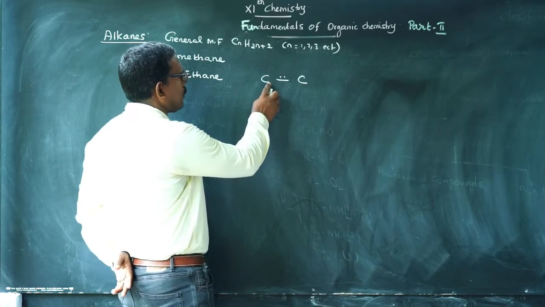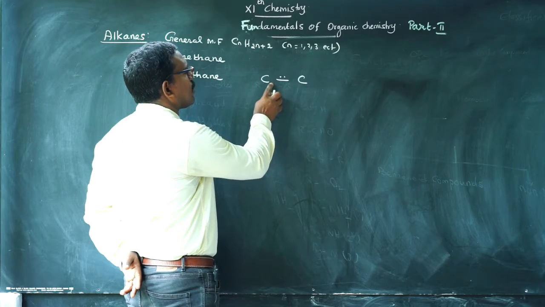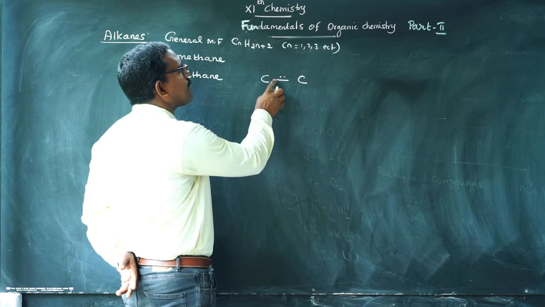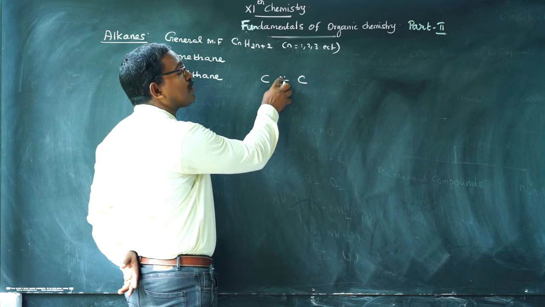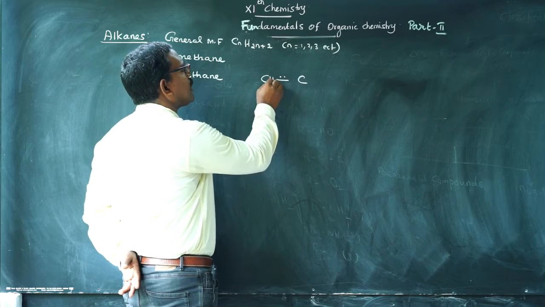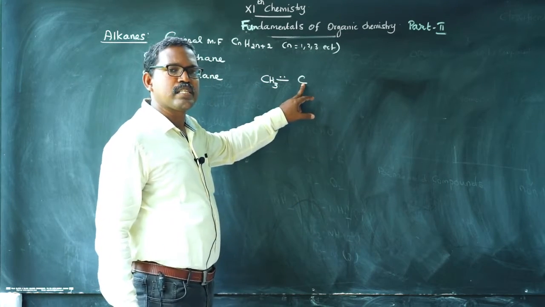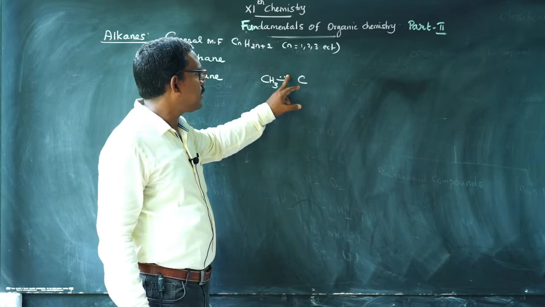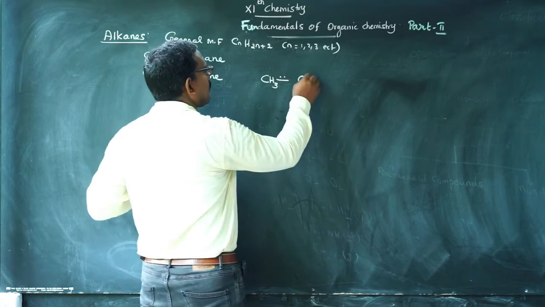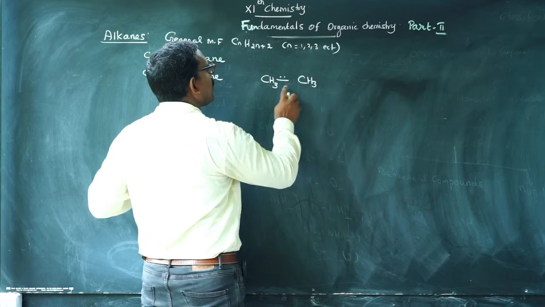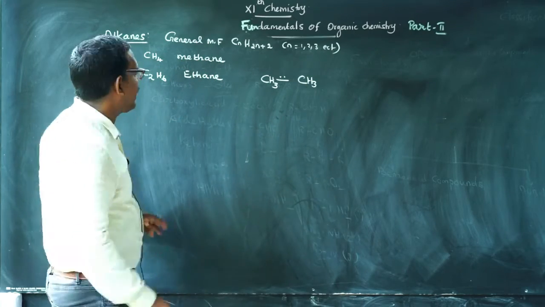Therefore, one valency of carbon is satisfied by this electron, and the remaining 3 are satisfied by hydrogen. Here also 1 valency is satisfied by this electron, remaining 3 by hydrogen. This is ethane.